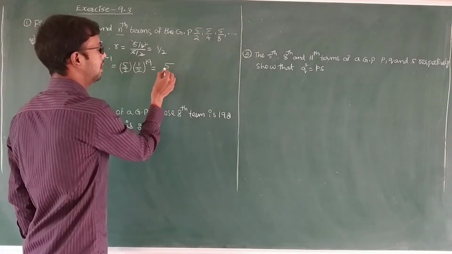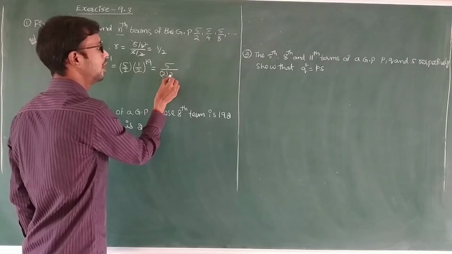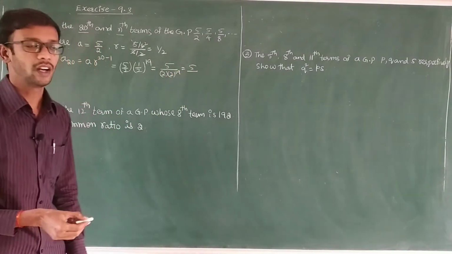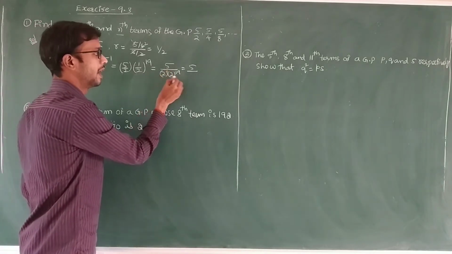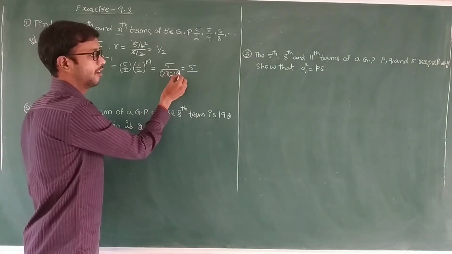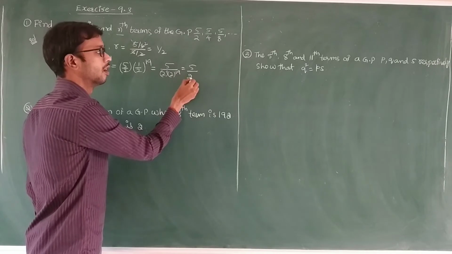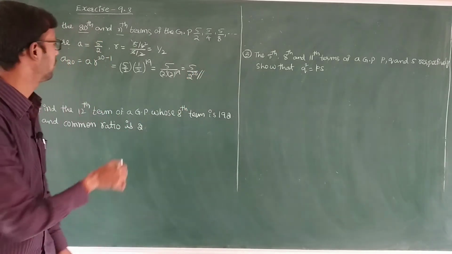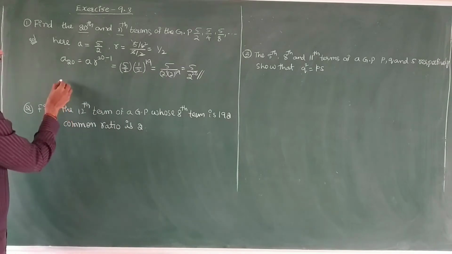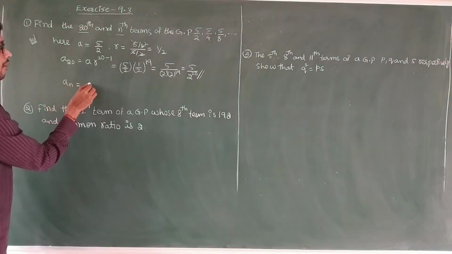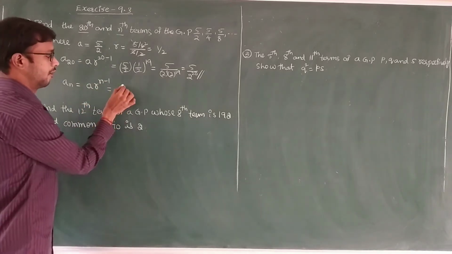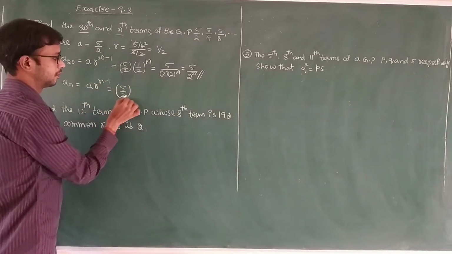So 5 by 2 into 2 power 19... Here you observe bases are equal, power should be added, 1 plus 19 is 2 power 20. So the 20th term is completed.